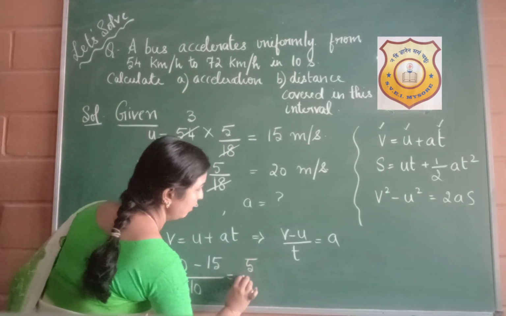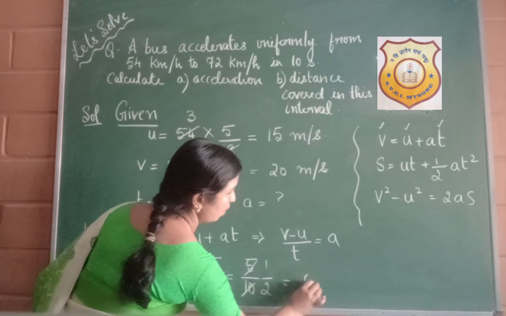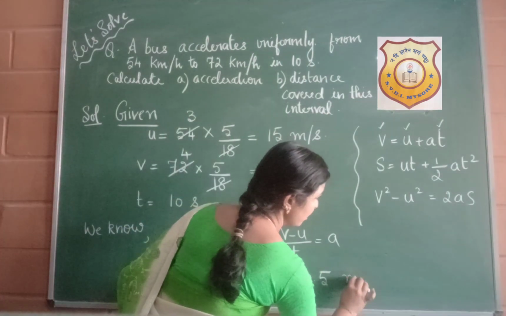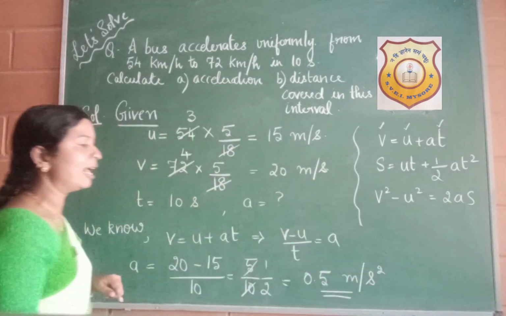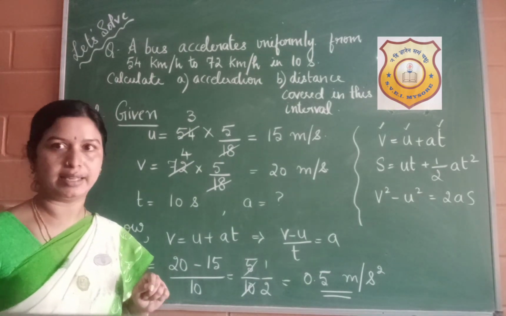So 5 by 10, 1 by 2, 0.5. We are finding the acceleration, so it is meter per second square. So now we have calculated the acceleration as 0.5 meter per second square.